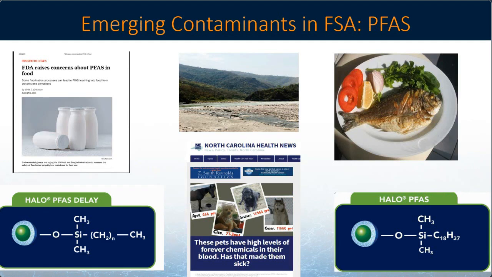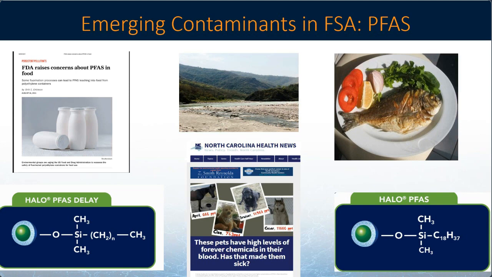Okay, now we're going to talk a little bit about emerging contaminants in food safety analysis, and specifically we're going to talk about PFAS. Ordinarily when you think of PFAS, you think of the environmental impact, and it does have a drastic environmental impact. But we're also starting to see it transition into food, in particular, food that is inside of our food chain.